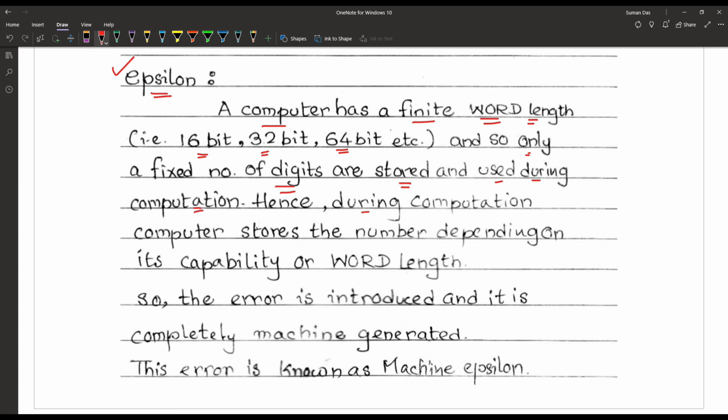Hence, during computation, the computer stores the number depending on its capability or the word length. So the error is introduced and it is completely machine generated. That type of error is practically known as the machine epsilon. And the machine epsilon is the main culprit for the computational error.